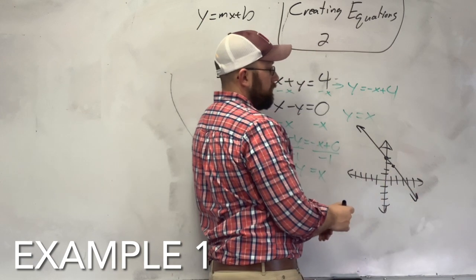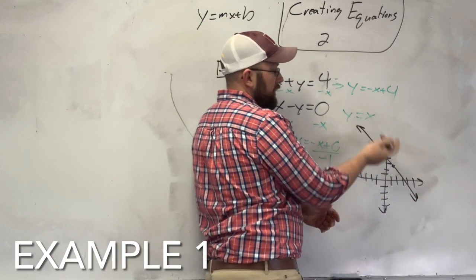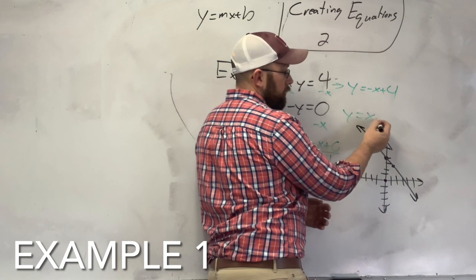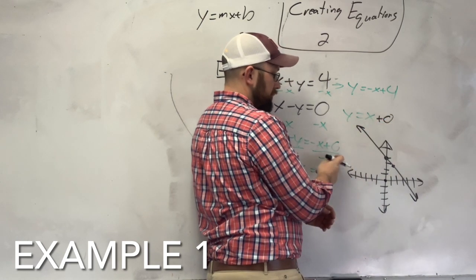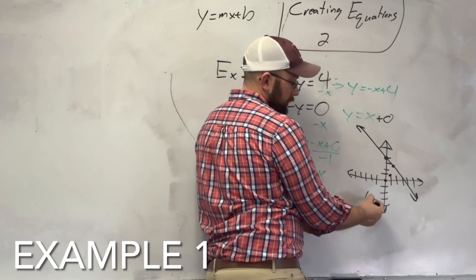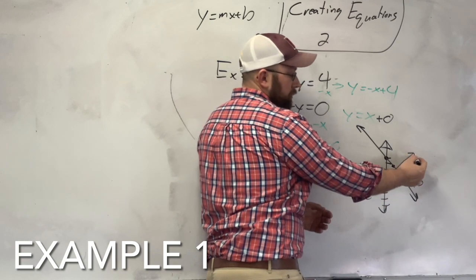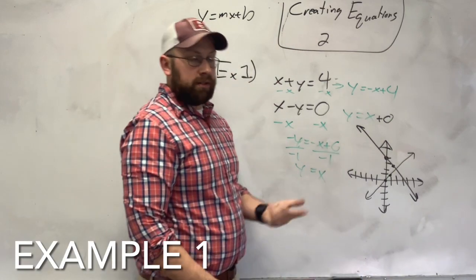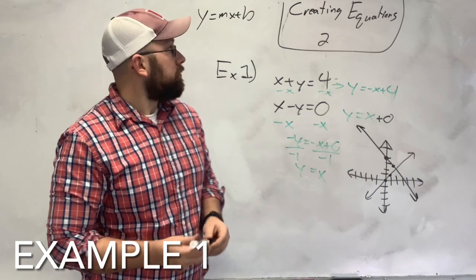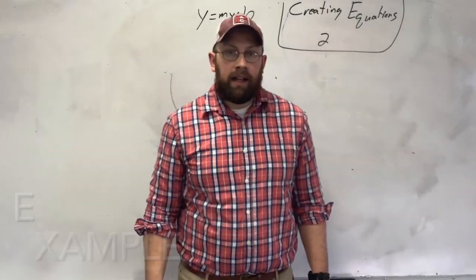Graphed. Then I just have x, so my y-intercept's at 0, because it's actually a plus 0 back there. I just got rid of it here, and the slope is positive. So what is that? That is a one solution problem. Wherever those two cross is an answer.